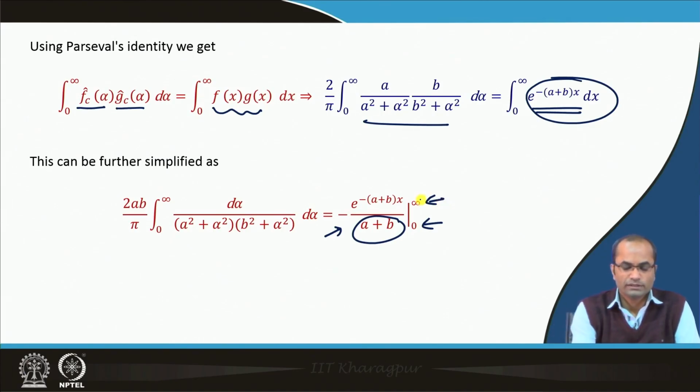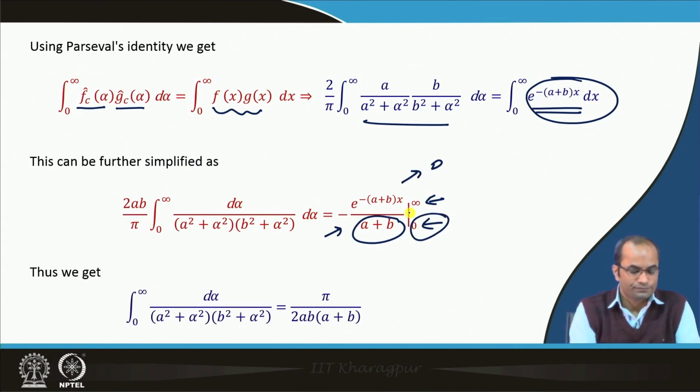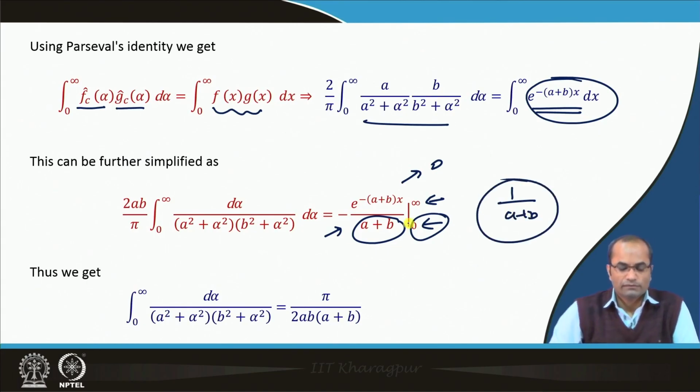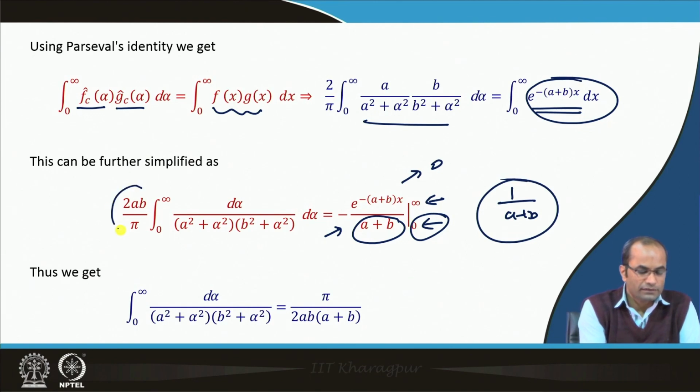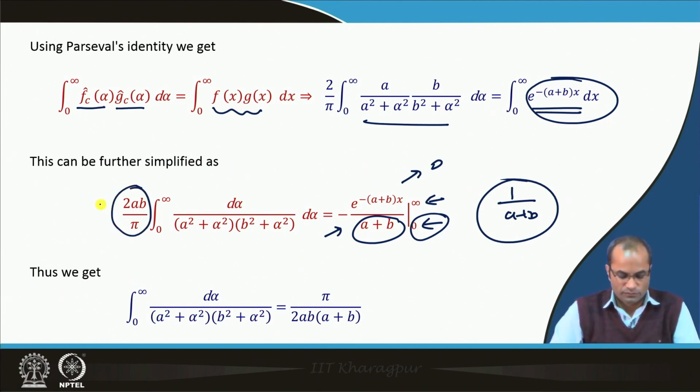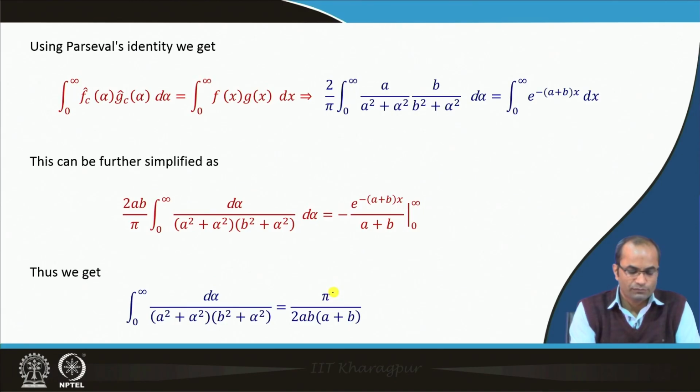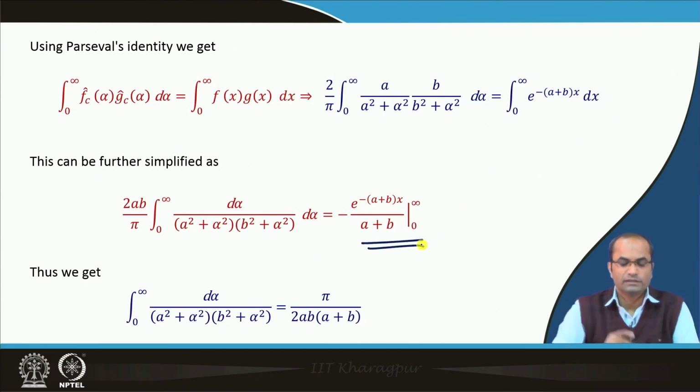So, by substituting this e power infinity, this e power minus a plus b x will go to 0, and then for 0 we have 1 over a plus b when we substitute this value 0, and then there is a factor 2 a b over pi sitting on the left hand side, which will contribute here to pi over 2 a b, and then we have 1 over a plus b coming from this limit there.